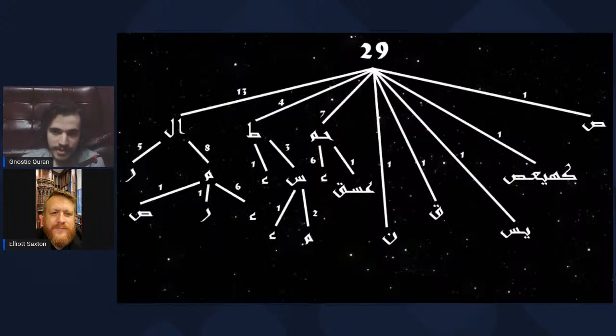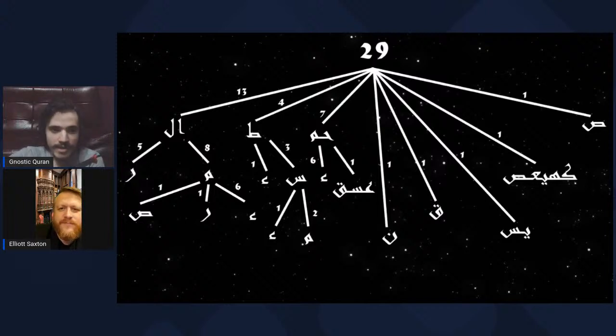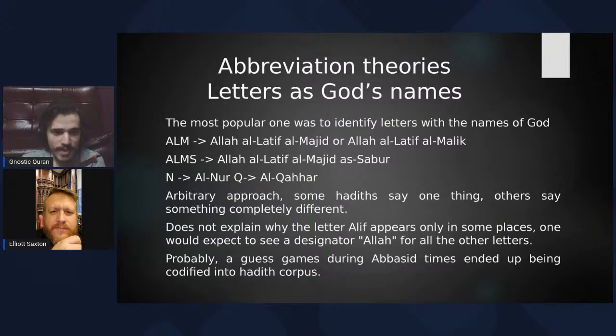For example, as you can see on the right side of the screen, there is only one letter combination, for example qaf, nun, sad. This alif lam on the left side doesn't appear with the solitary letters sad, nun, qaf, and one would expect to see that if they were really the names of God.